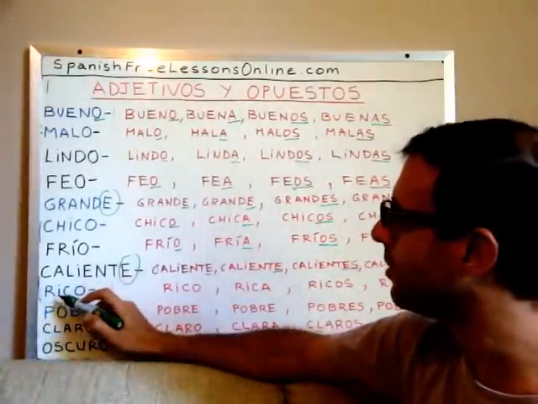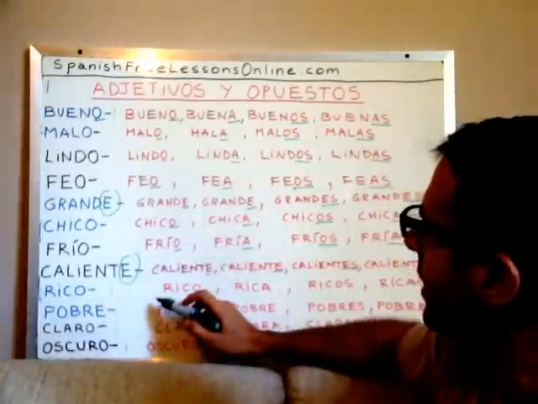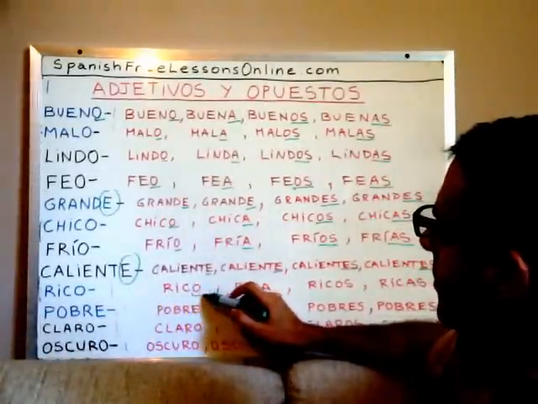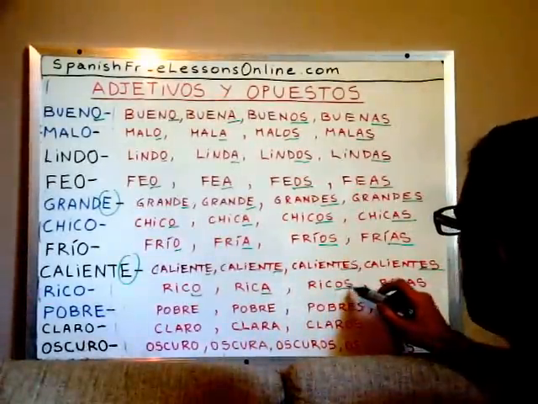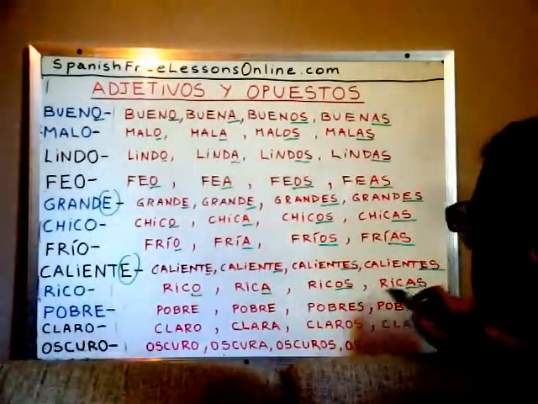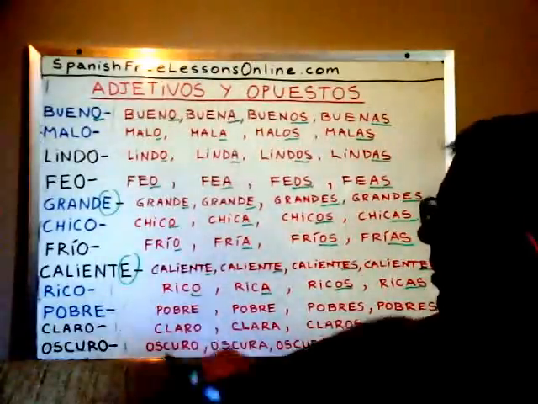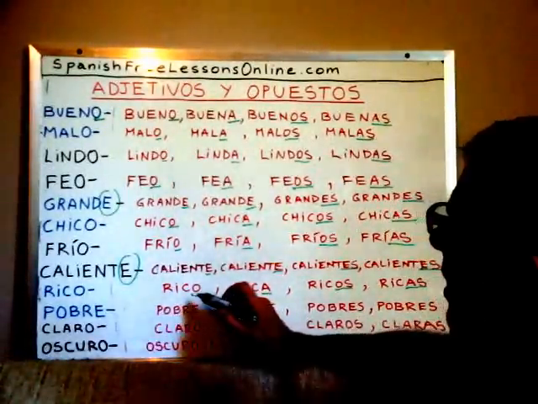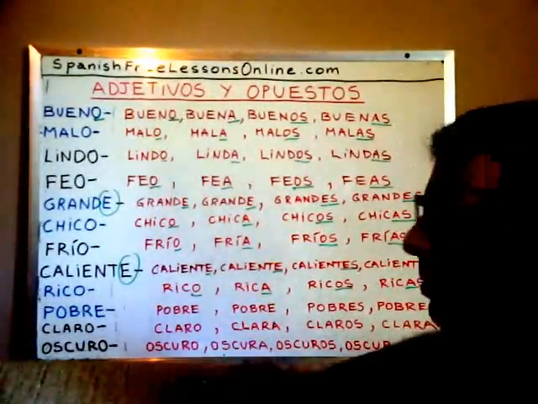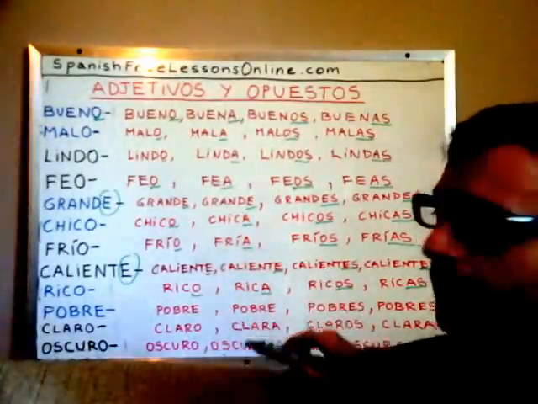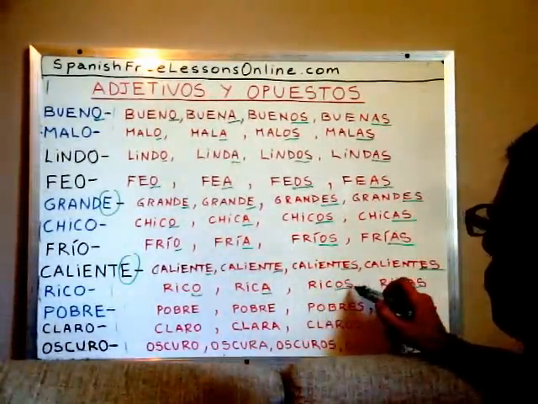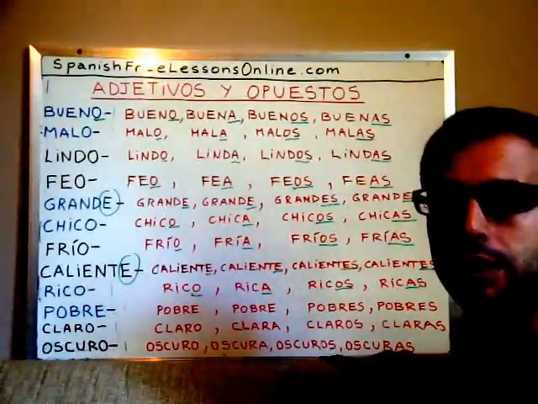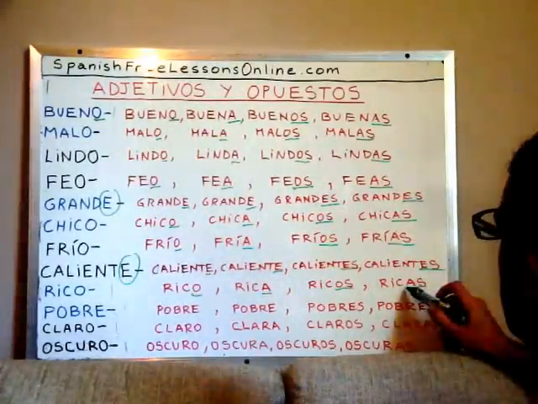Now, rico for rich. Rico or rica or ricos or ricas, we can say. The rich man, el hombre rico, or the rich woman, la mujer rica, or the rich men, los hombres ricos, or the rich women, las mujeres ricas.